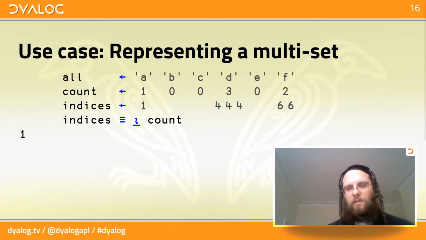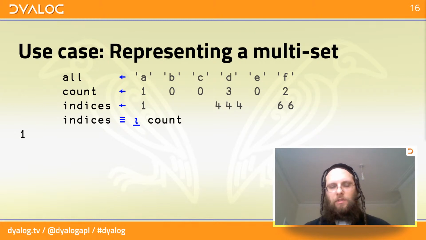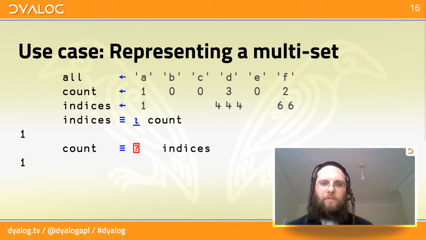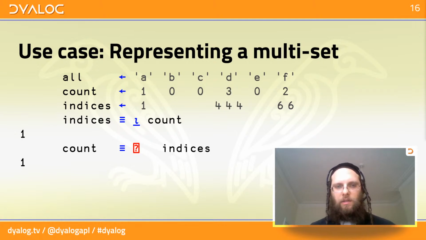Since there is this one-to-one correspondence between the count representation and the indices representation, and the where primitive can convert the count representation to the indices representation, then you would do well in asking, how do we convert the other way around? We don't have a primitive that can take indices and convert that into a count vector or count array.